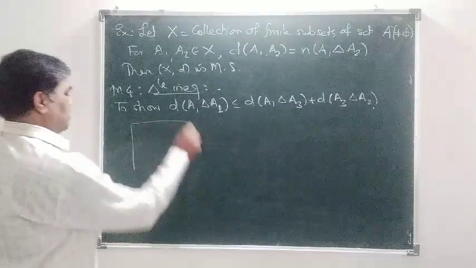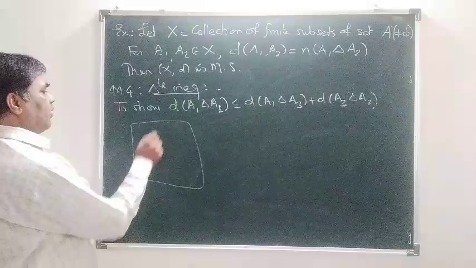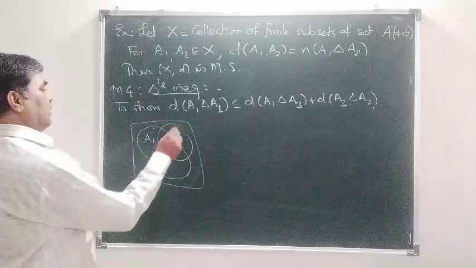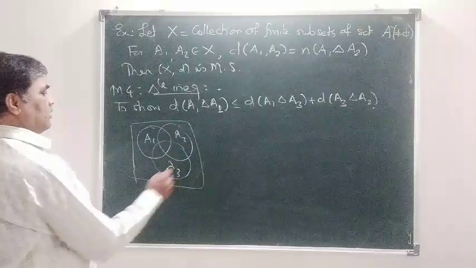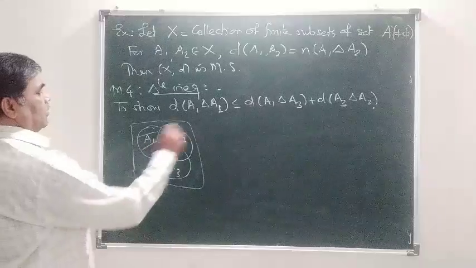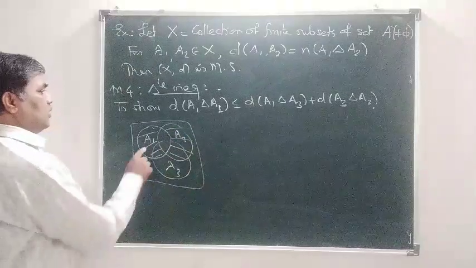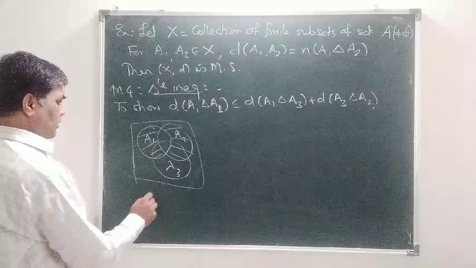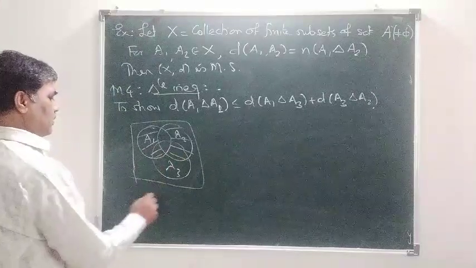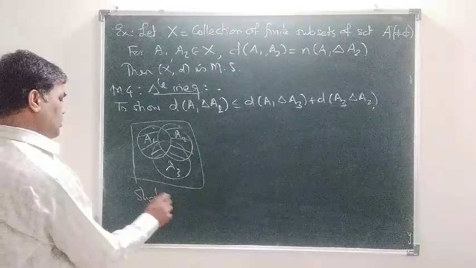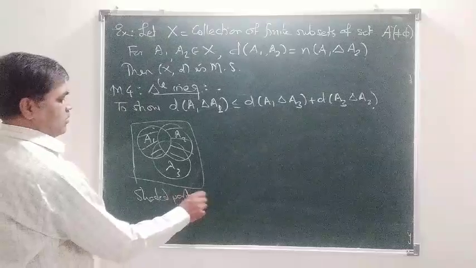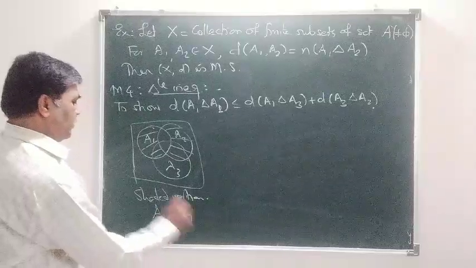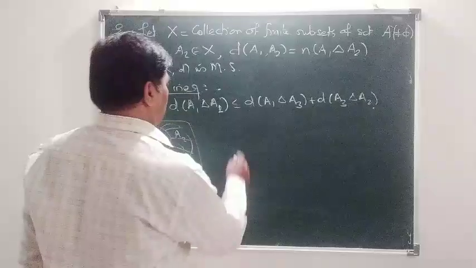So if I have three sets A1, A2, A3, this collection, this is nothing but part 4, the shaded portion, A1 symmetric difference A2, the number of elements in A1 symmetric difference A2.